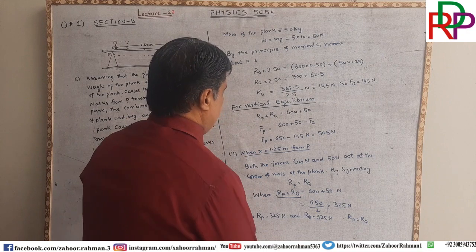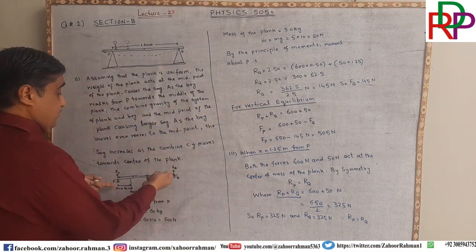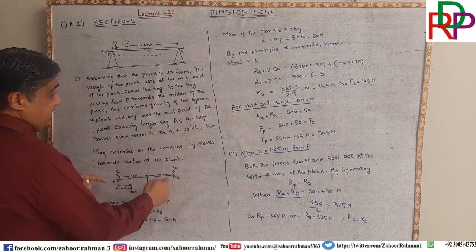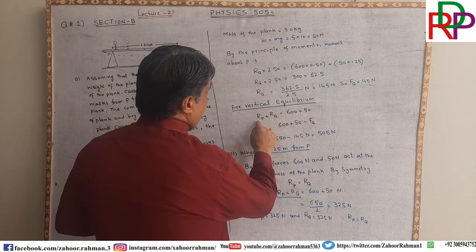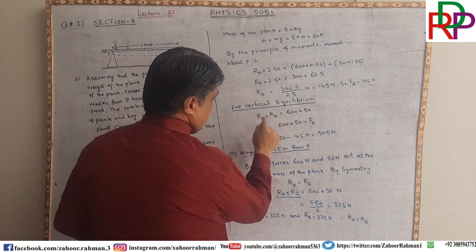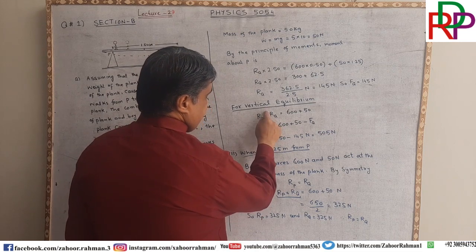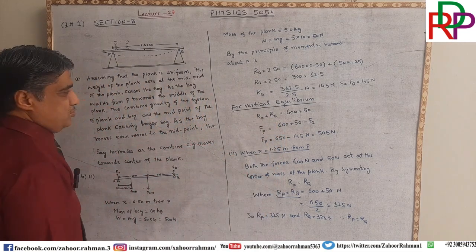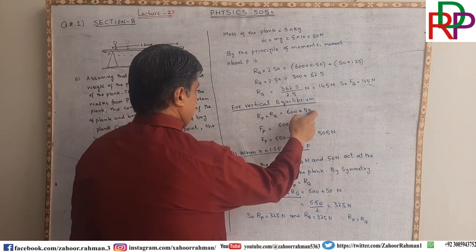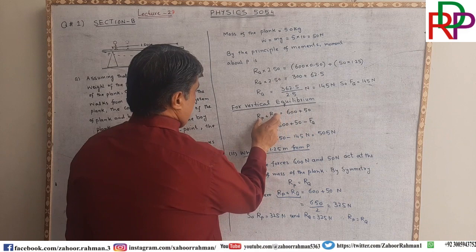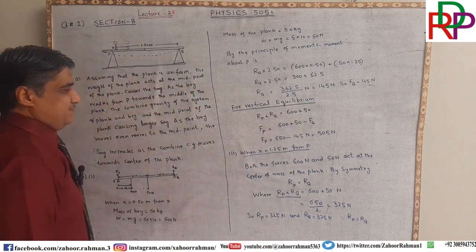For vertical equilibrium, if this is in equilibrium, RP, the reactive force at point P, plus the reactive force at point Q is equal to 600 plus 50. We wrote the values of these.